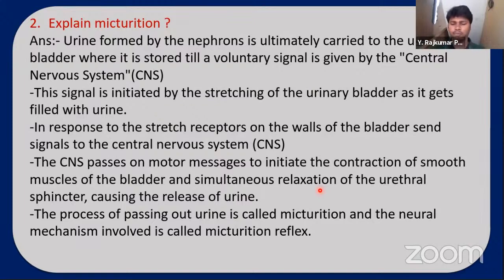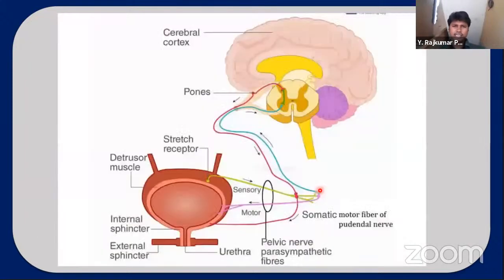This is called micturition. In the diagram, you can see how the process of micturition takes place. See, the pons varoli is giving the signal, and this is the urinary bladder. There are stretch receptors on the urinary bladder. They send the signals, and there is an external sphincter and internal sphincter to the urinary bladder.